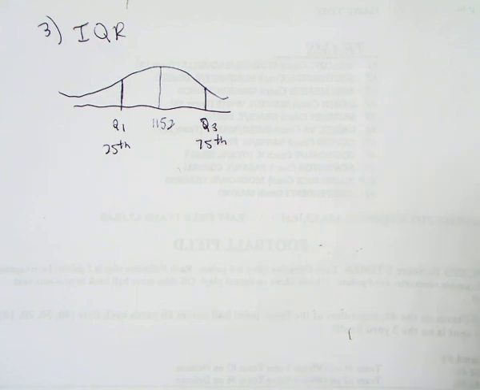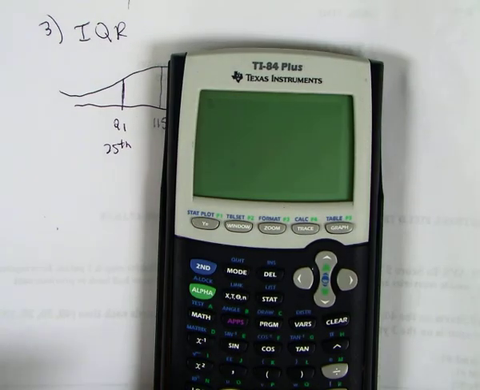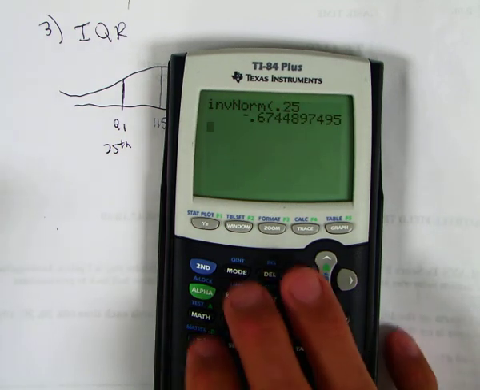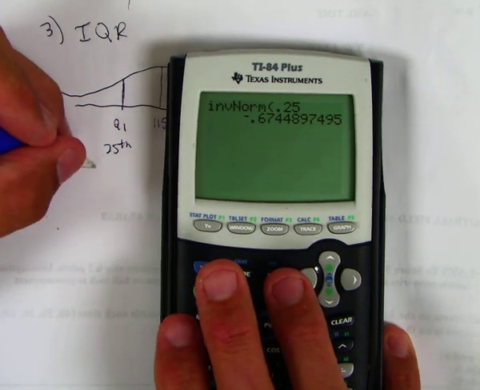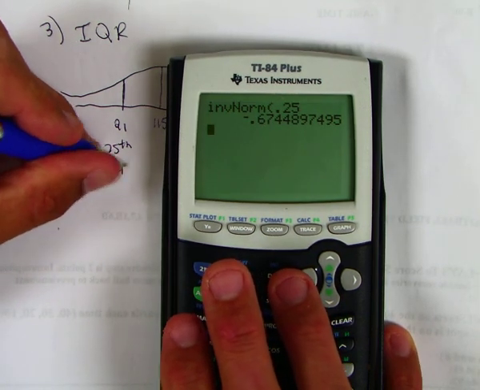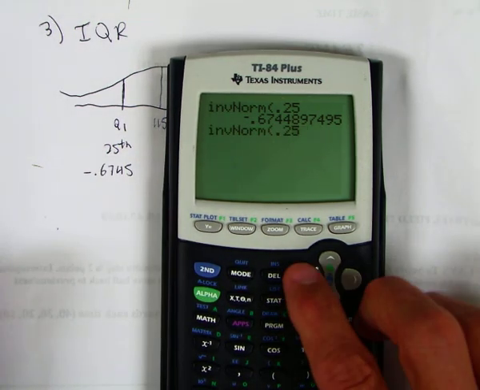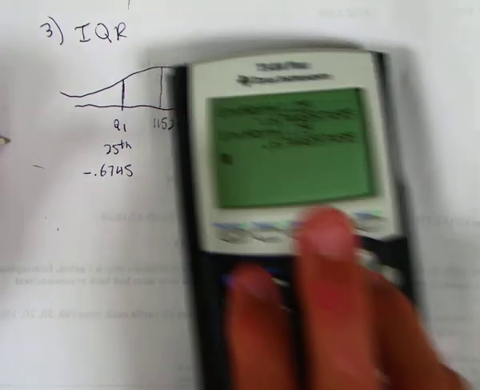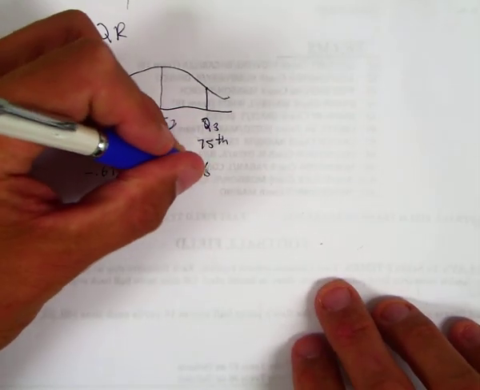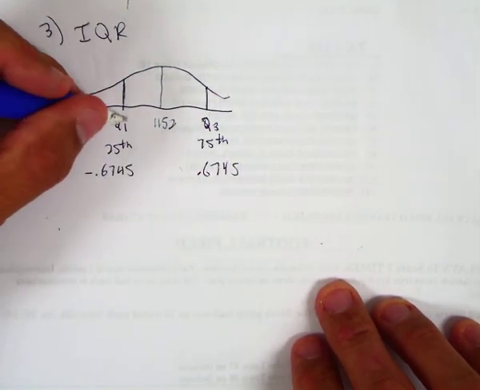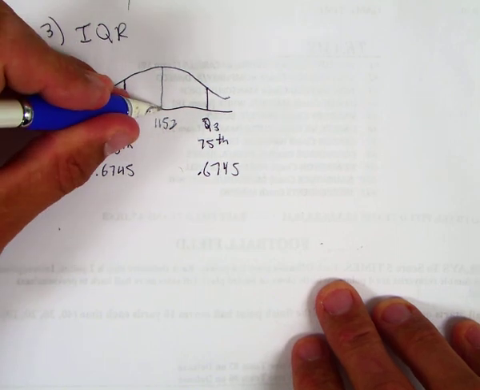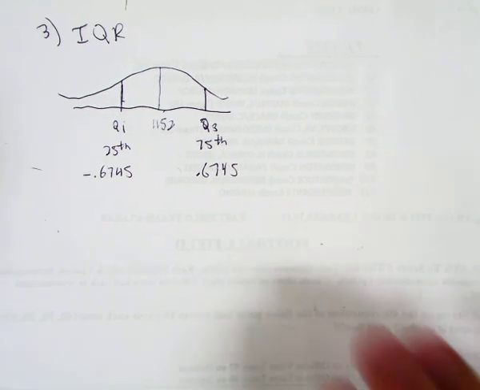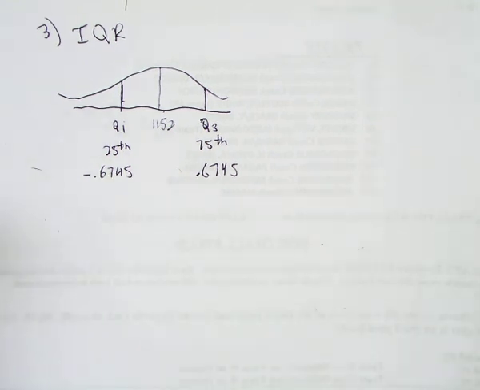Okay, so I've got to change the 25th percentile into a z-score, and that's negative 0.6745. And then I've got to find the 75th percentile, and that's positive 0.6745. They're equidistant from the mean, which would make sense since that's 25 percentiles away from the 50th percentile, and that's 25 percentiles away. So they're equidistant from the mean.